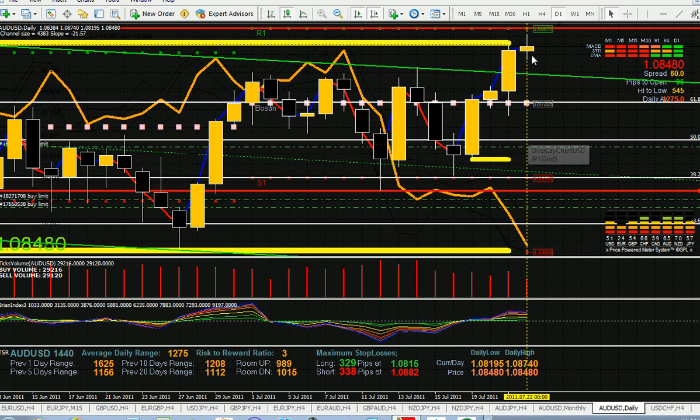Okay, we've discussed the highest high for 10 days, the lowest low is another line you can use. There's an old saying, sell at your highest high and buy at your lowest low. It's quite a nice little method of trading, and the 10 days seems a nice little round number.